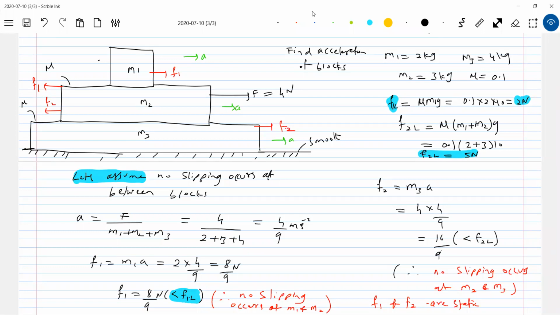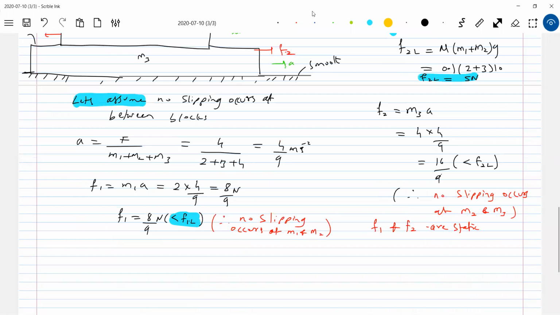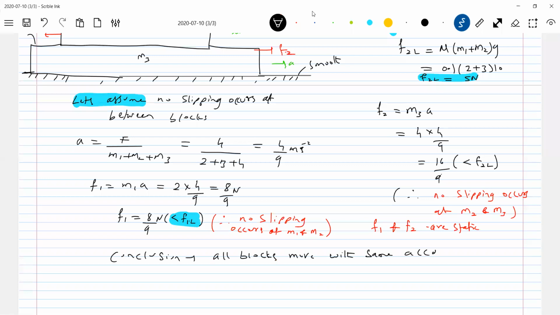So what is the thing now? What do we have to conclude here? So what is the conclusion? Right conclusion, so that it will be easy for you. All blocks move with the same acceleration, that is, relative acceleration 0, and the friction is static.